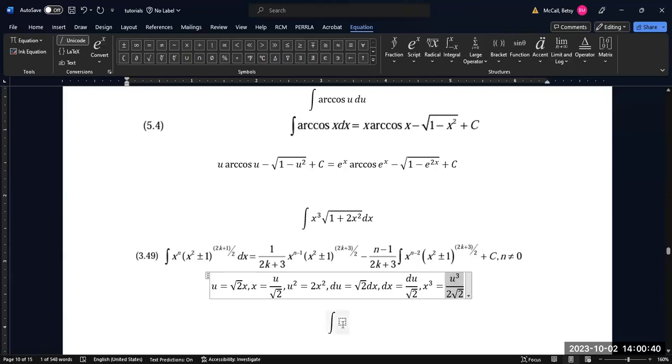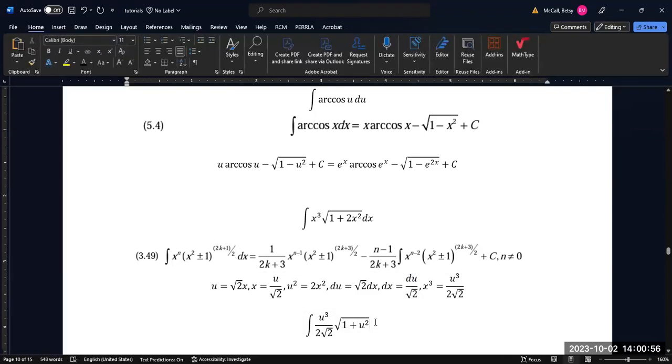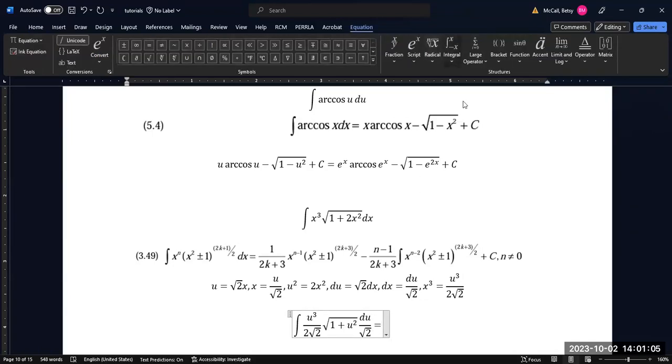My x cubed is going to become that. My radical is going to become 1 plus u squared. And my dx is going to become this. Put all together, the square root of 2 and the square root of 2 here are going to give me a 2.